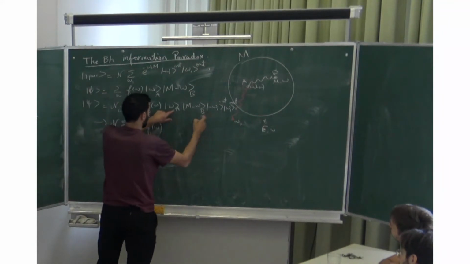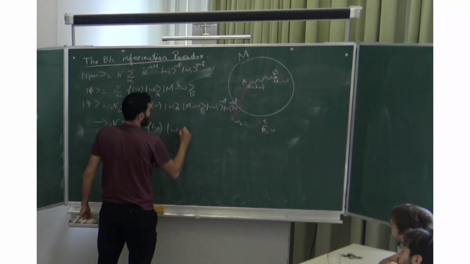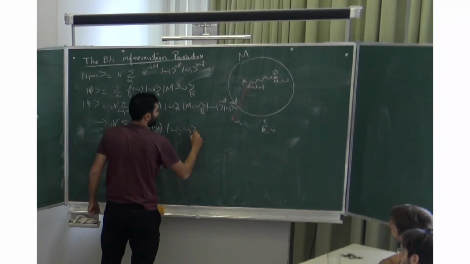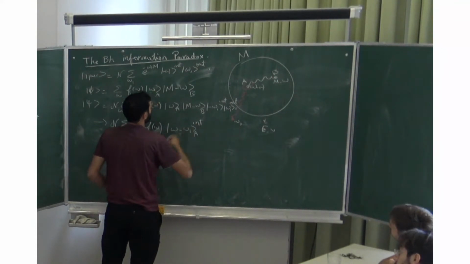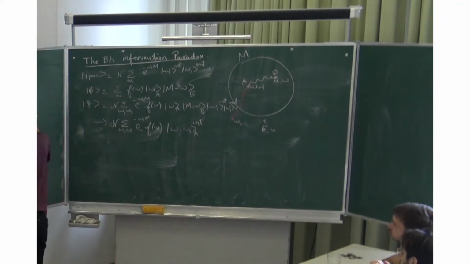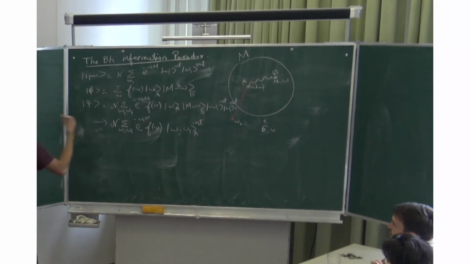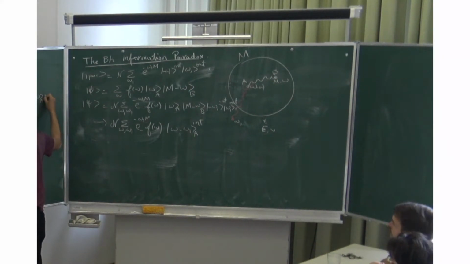And then here we'll have a state which we call omega minus omega 1 A int, which is just the S matrix, the interaction matrix, acting on both omega A and minus omega 1 int.